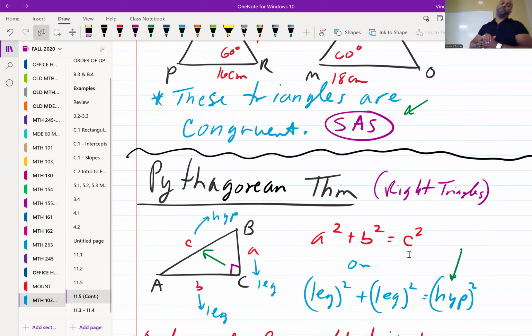So your Pythagorean theorem, that's a squared plus b squared equals c squared. It only applies to right triangles though. So if your triangle does not have a right angle in it, then you cannot use the Pythagorean theorem.